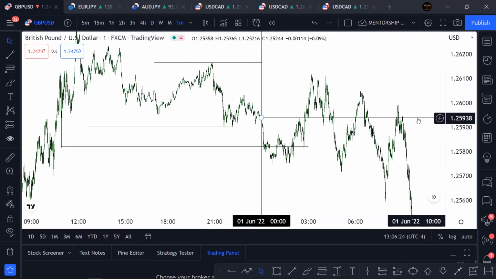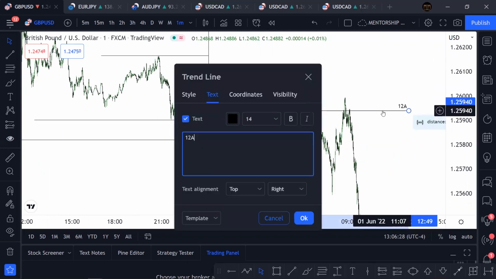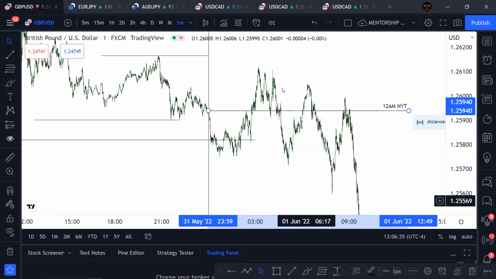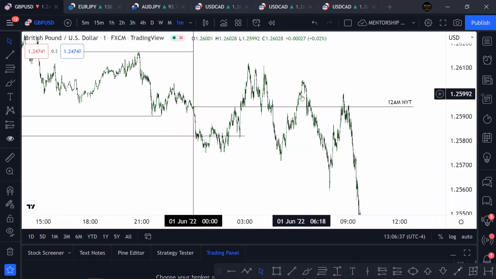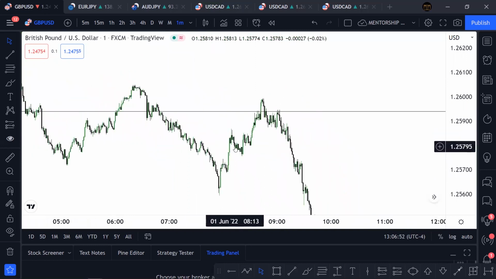So this is the New York open price at midnight. Just going to take 12 a.m. NYT. Then we're looking for 8:30 in the morning, which is right here. There, 8:30 in the morning.